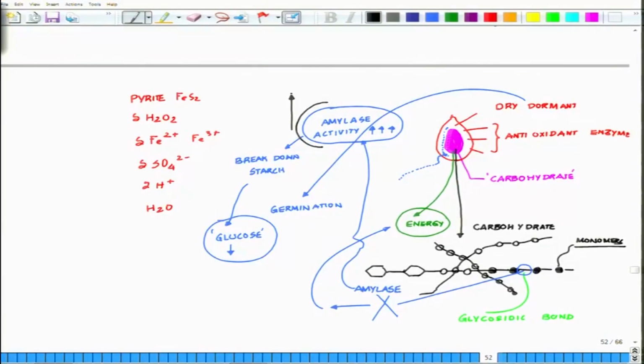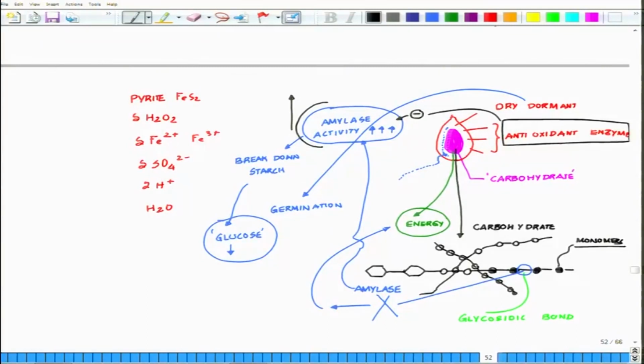Now, what is the role of these antioxidant enzymes? The antioxidant enzymes prevent the amylase activity. That is what they do, by stopping the amylase from acting.